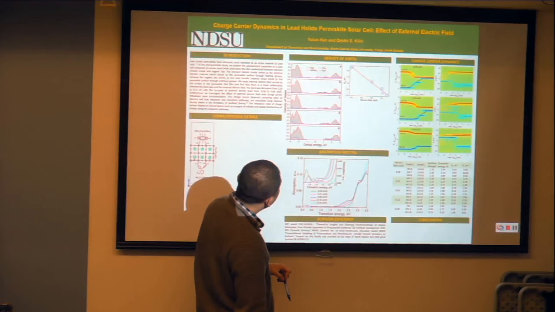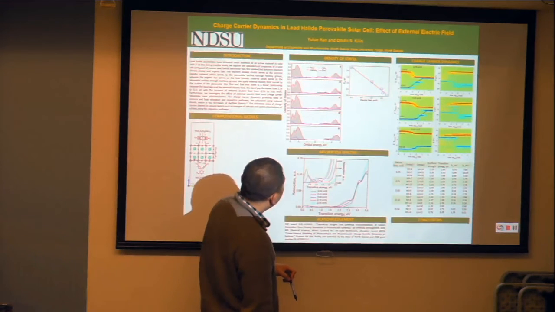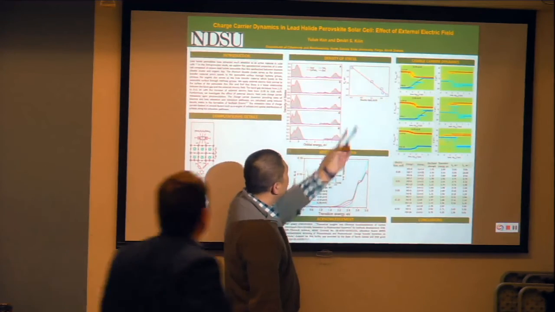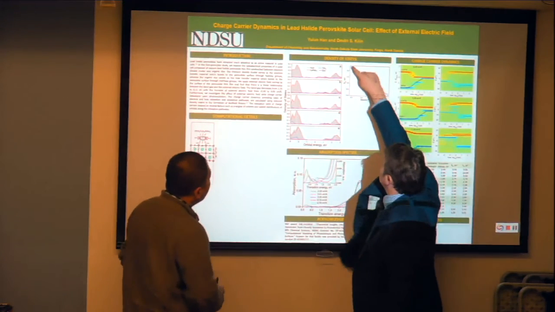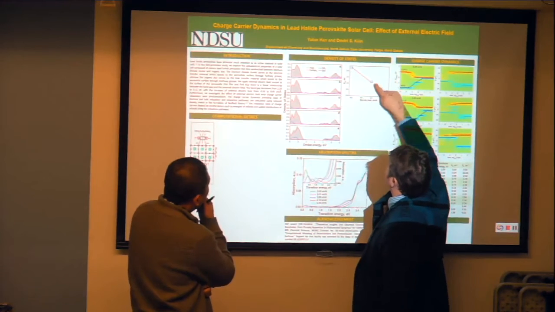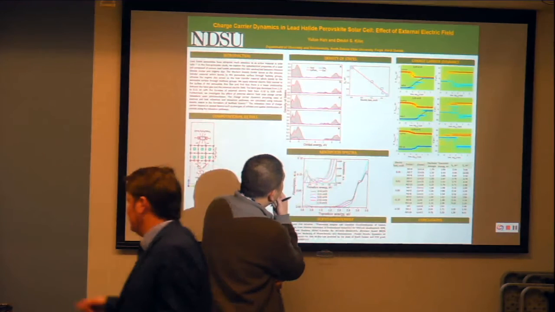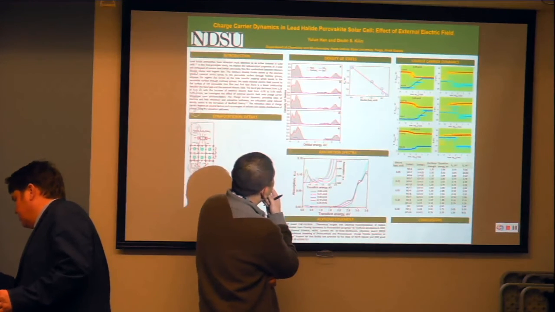The gap as a function of electric field. Is it correct to say this is A, this is B, this is C? Or is it different for the second order? Can you maybe mark here or just explain?